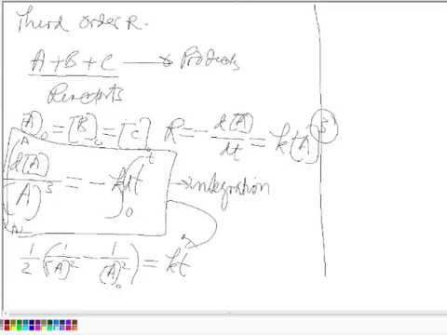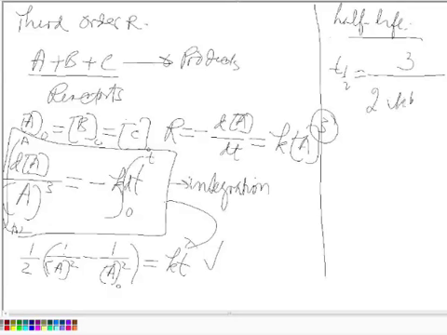So then what is the half-life of third order reaction? We get kt already. Now we find half-life. The half-life will be 3 per 2 k A0 squared.